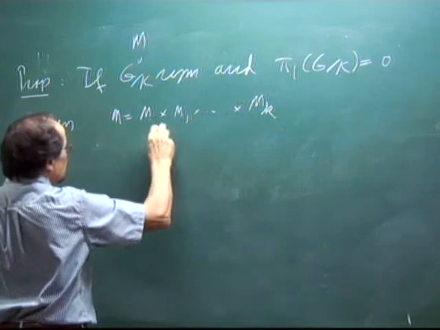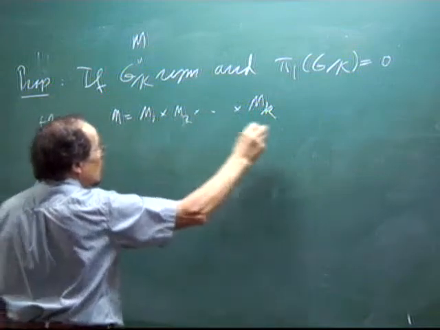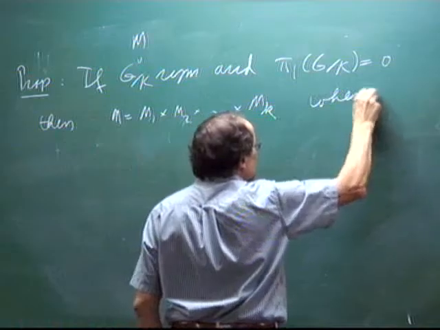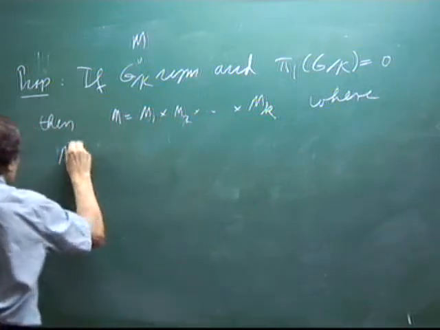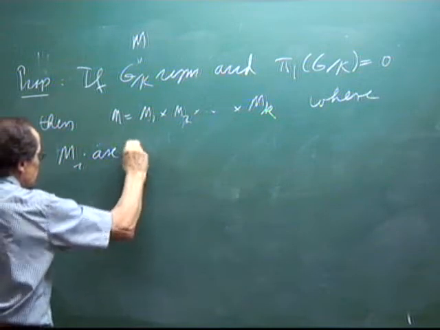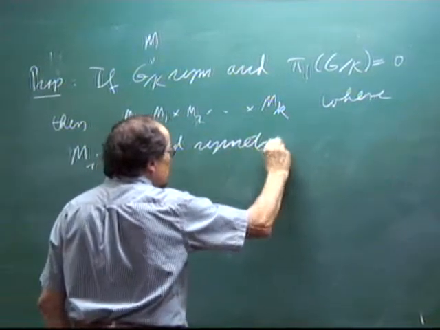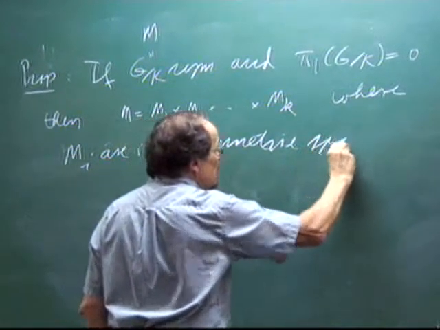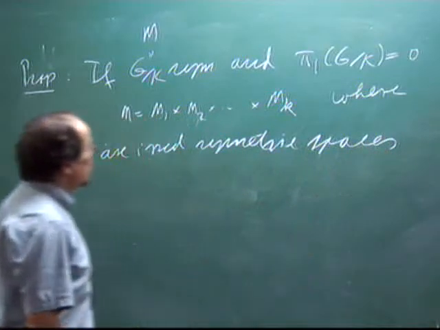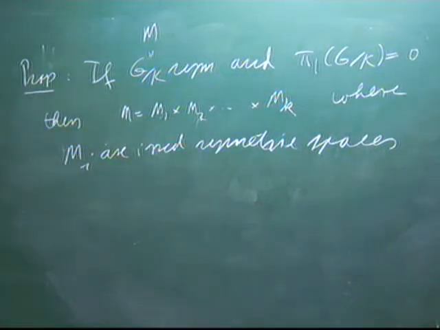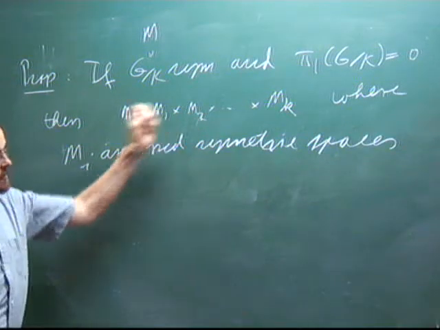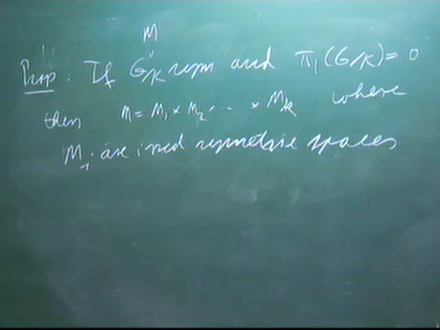In fact, here I don't have to separate this, where the M_i are irreducible symmetric spaces, in the sense over there. So every simply connected symmetric space is a product of irreducible ones. Particularly when I classify later on, it's sufficient to classify irreducible symmetric spaces.